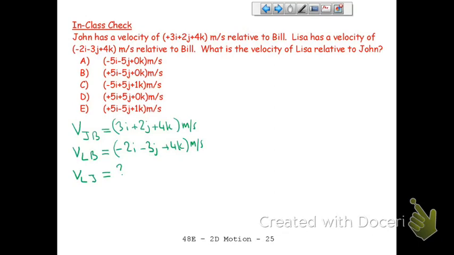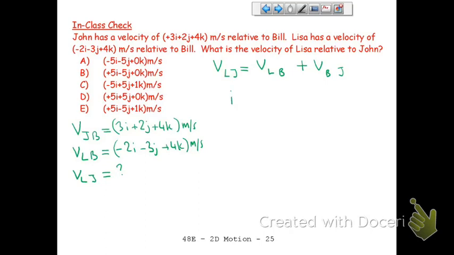So the velocity of Lisa relative to John equals, and I know I've got to start with Lisa, and I've got to end with John, and I'm going to add these two together, and the intermediary is Bill. So that was pretty straightforward.